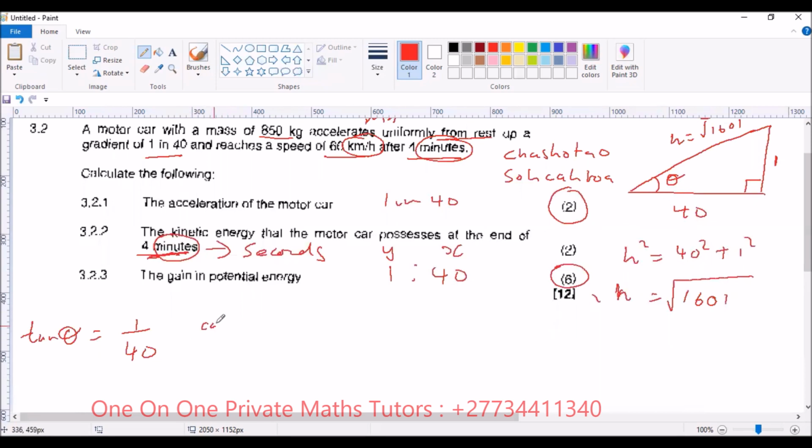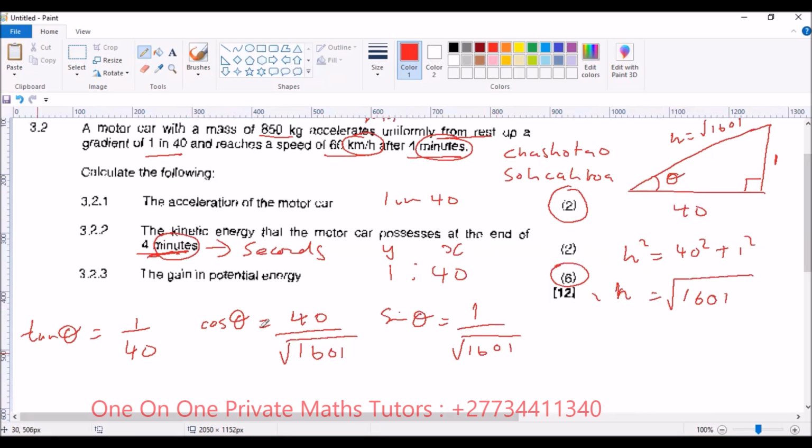The cos theta is equal to adjacent over hypotenuse, which is 40 over root 1601, and sine theta is equal to 1 over root 1601. Right. So we might use one of these to find the height.